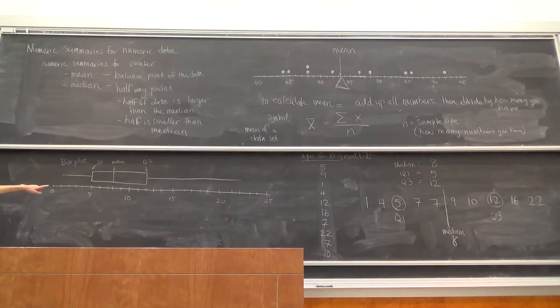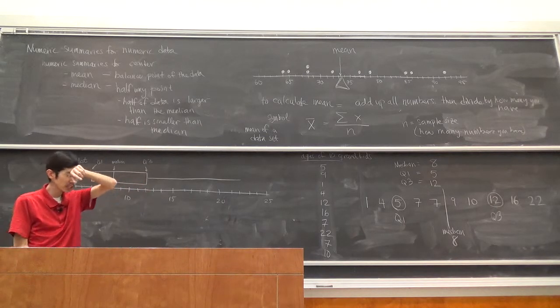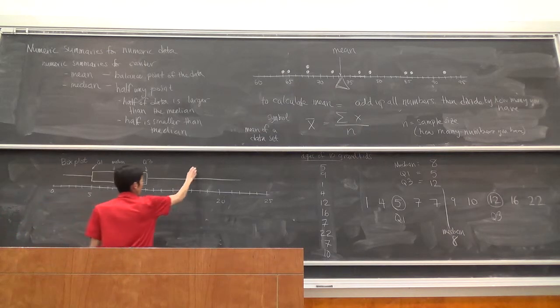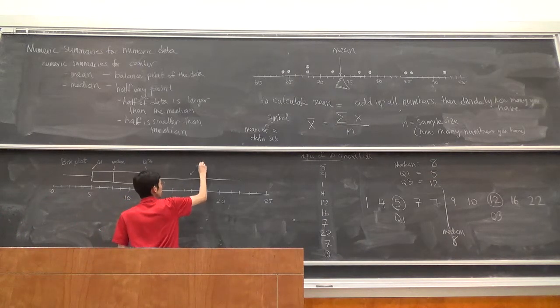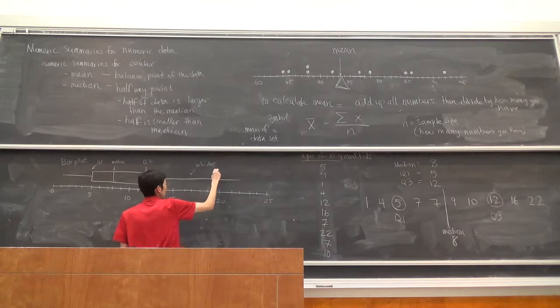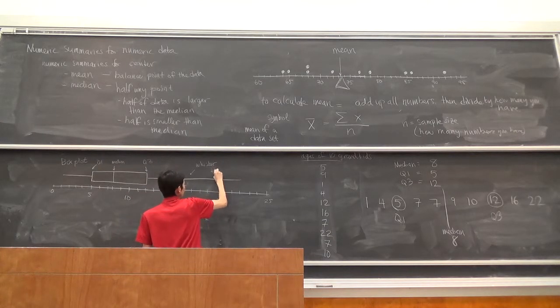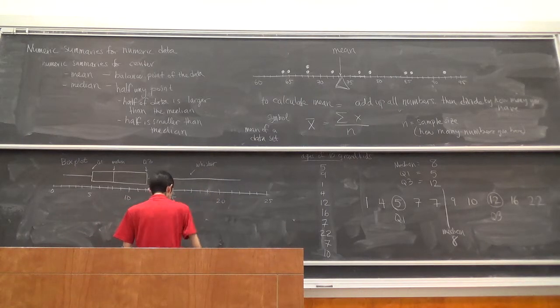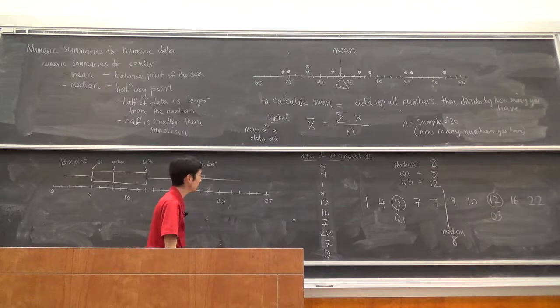And then from the box we have what we call whiskers, and they extend to the smallest and largest points in our data that are not outliers. Okay? So these lines, these are whiskers. This is a whisker, and it goes to the smallest. Whiskers extend to the smallest and largest points in our data that are not outliers.